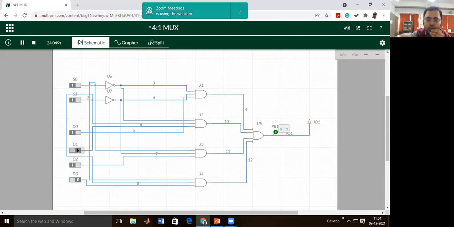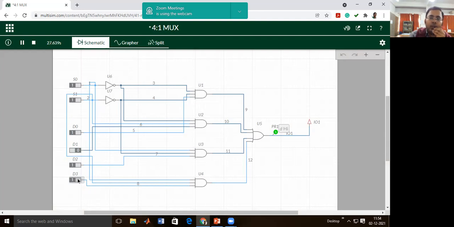There is no change on the D1. There is no change on the D0. Only it will change as per the D3 because the select line is 1, 1. So we can say this circuit is working perfectly as a 4 to 1 multiplexer.